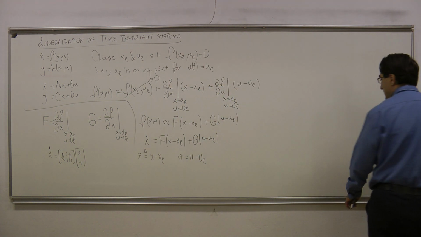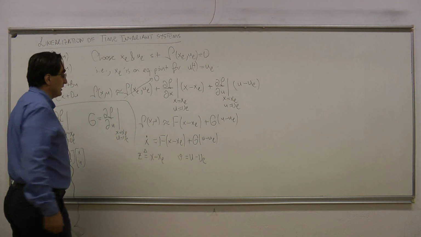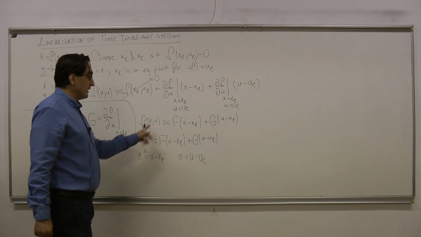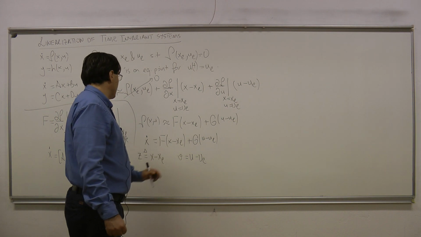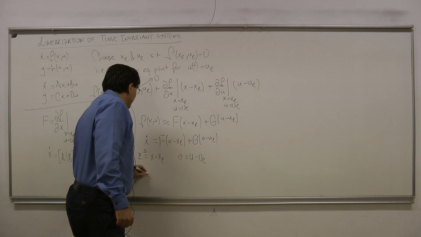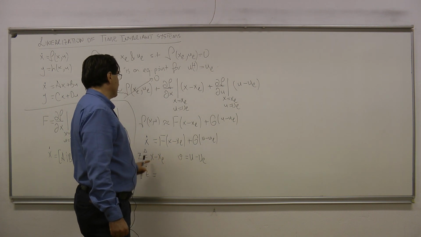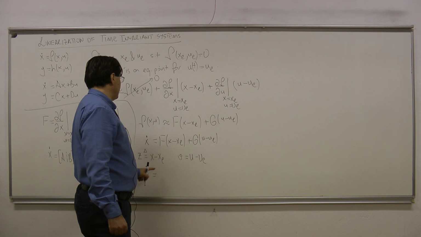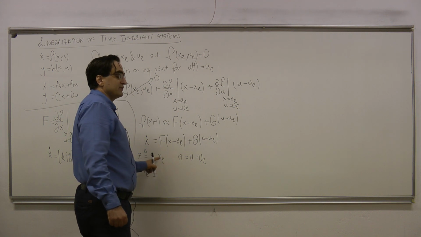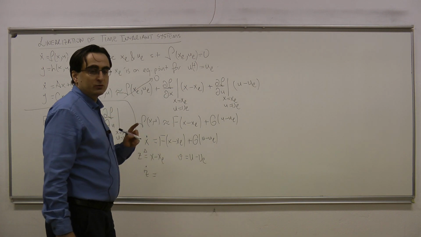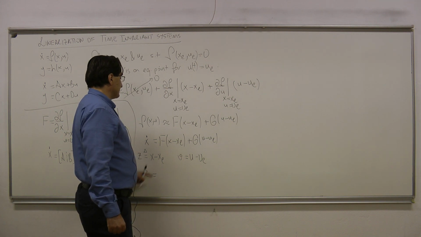So we have defined our new inputs and new state vector, and now I can actually write this equation with these new variables. I'm going to write z dot is equal to, when I take the time derivative of the right hand side here, it's going to be x dot minus 0 because xe is fixed with respect to time. As a result, z dot is going to be x dot.